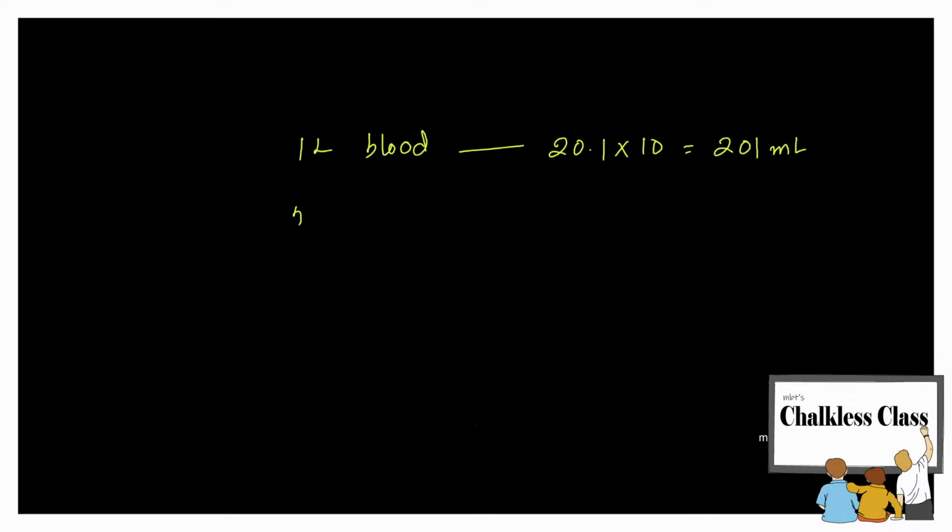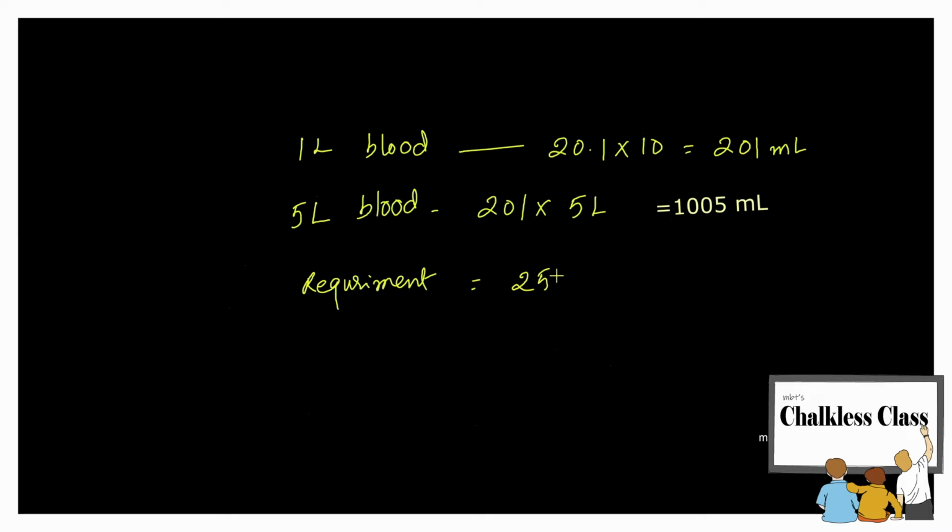If the cardiac output is 5 liters, 201 into 5 liters is equal to 1005 ml. But the requirement is 250 milliliters per minute. Our blood supplies 1005 ml of oxygen. So, it is more than the requirement of oxygen to the tissue.